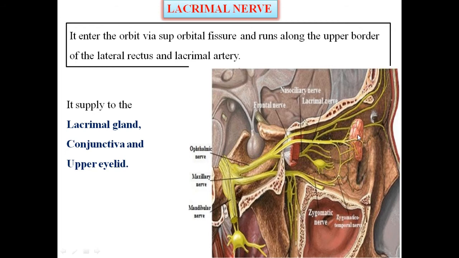Here you can see a communicating branch arising from the lacrimal nerve that anastomoses with the zygomaticotemporal nerve, a branch of the maxillary nerve, and the terminal end of the lacrimal nerve ramifies with the branches of the facial nerve.